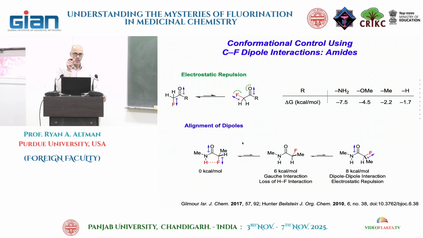Now think of how you might exploit this in a drug discovery campaign. This model system has methyl and methyl: methyl on the amide, methyl alpha to the amide. If you have bigger substituents built onto that to engage your biological target, heterocycles, aryl rings, other pharmacophores you might have, you can really encourage a conformation in which we have control of the stereocenter, which might benefit engagement with any particular target.